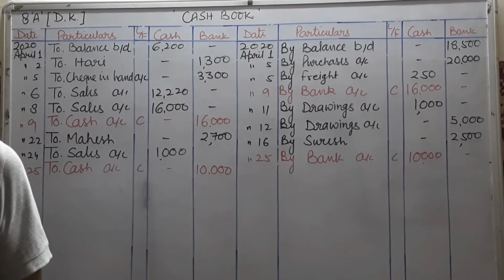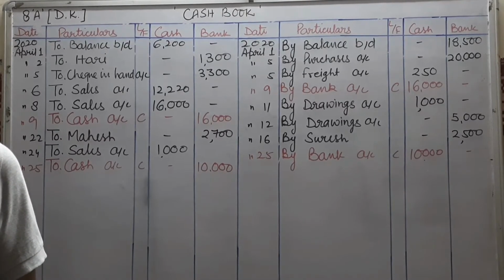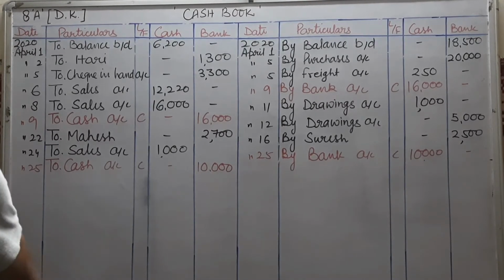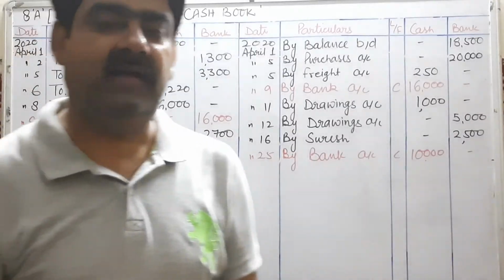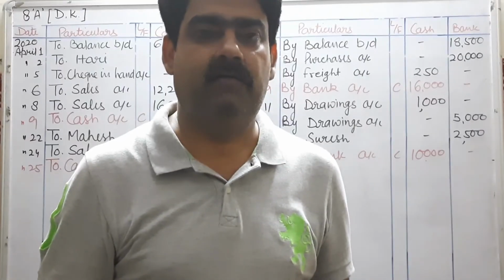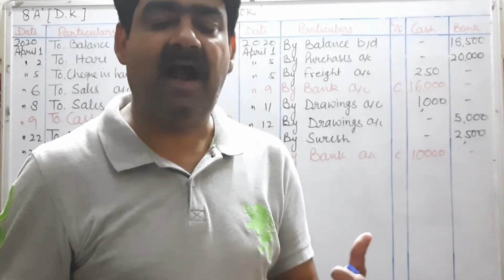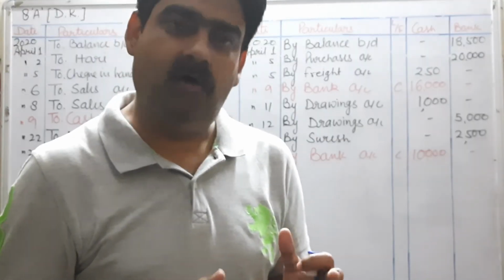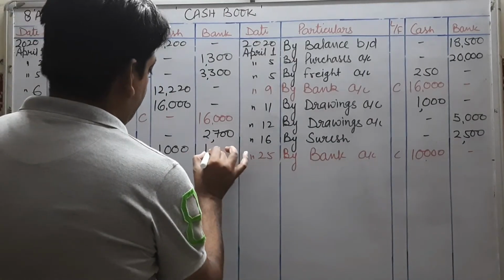Hence, it will be assumed that the check was deposited on the same day and thus will be recorded on the debit side of bank column on the same day. In further transactions, nothing is written regarding when a particular check is deposited into bank, so we will assume that the check is deposited on the same day. So 1200 rupees will come in bank column also.